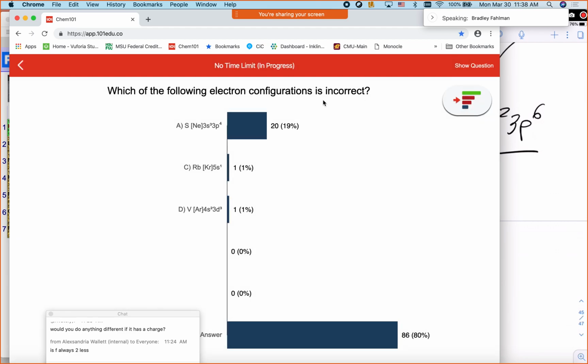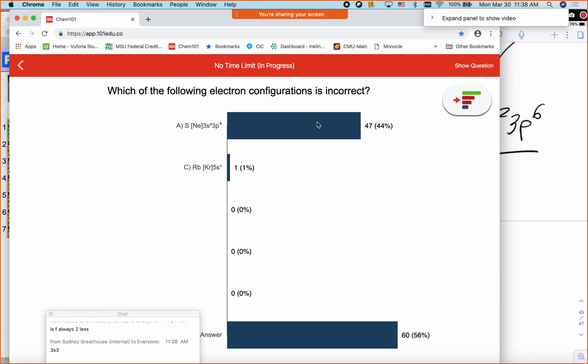Yeah, this one was pretty easy to spot, wasn't it? So, what's the problem with it? So why is this incorrect? And you are correct that that is the incorrect one.